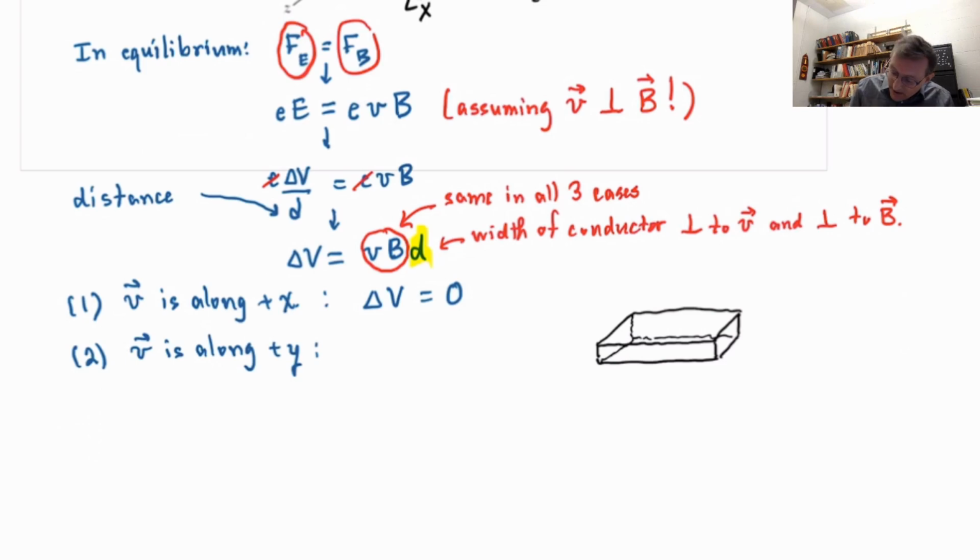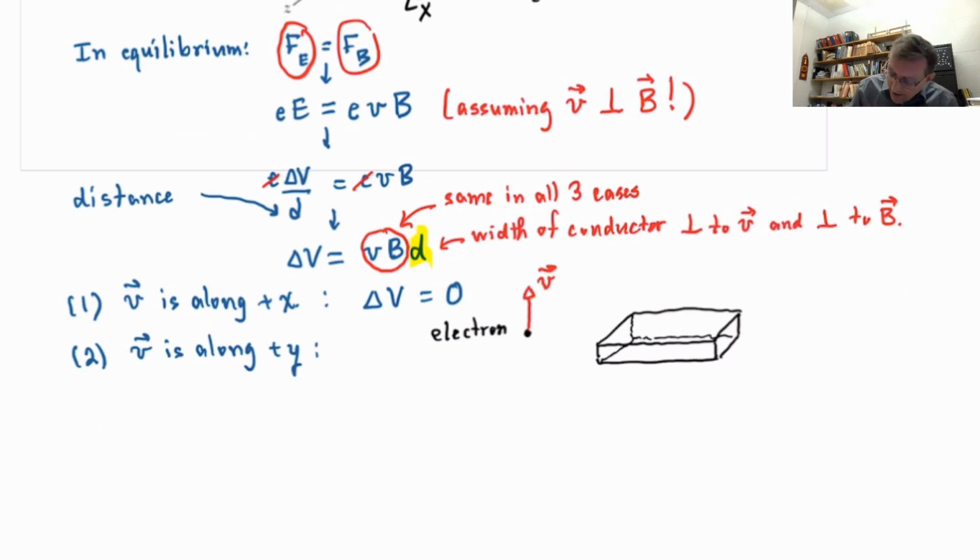And let me draw over here to the side one of the conduction electrons. I'm drawing it to the side, but I'm assuming it's inside the block. And let's draw some vectors. Okay, now the y direction is up in this case. So the velocity is up for this case. That's the direction of V.